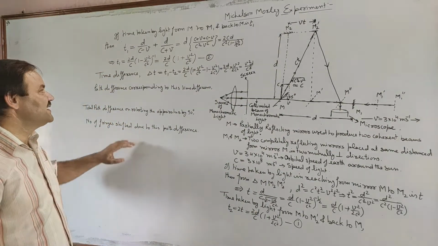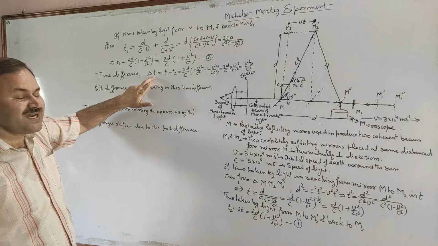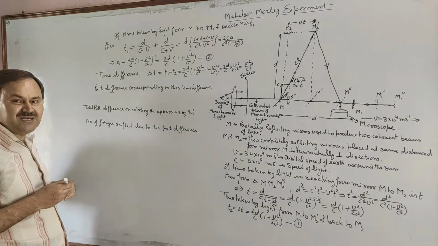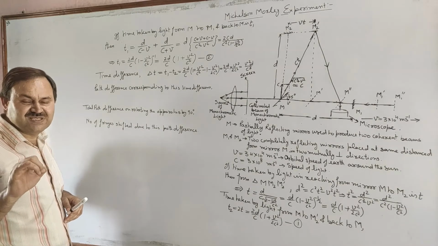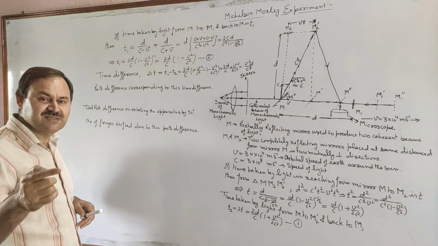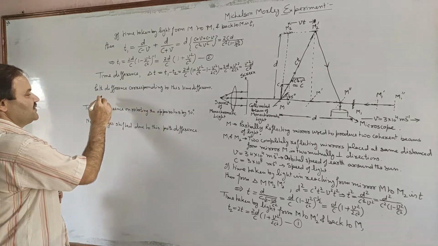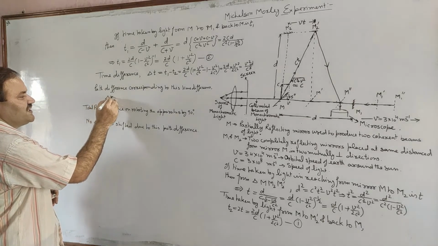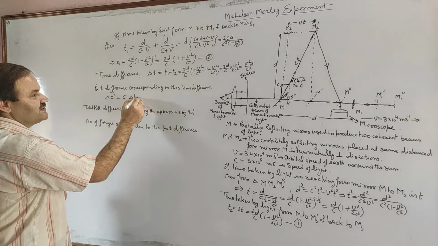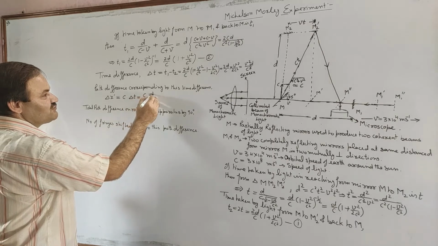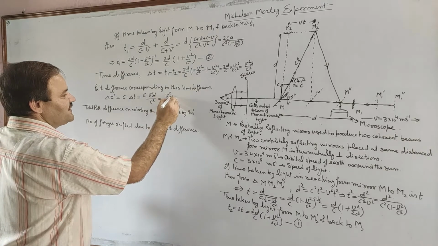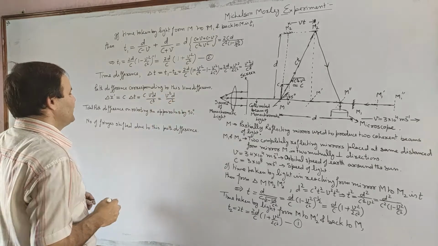Hence the path difference corresponding to this time difference can be determined by multiplying time with speed, because speed into time difference will be path difference. So the path difference, say delta x dash, is equal to c into delta T, that is c into v square d upon c cube. It will give v square d upon c square.